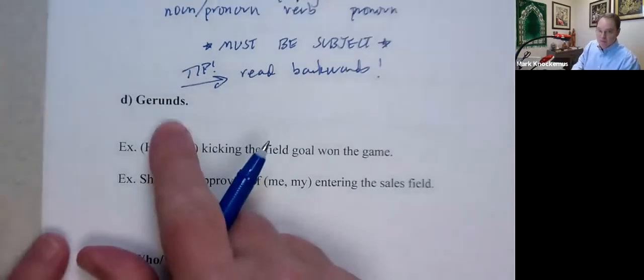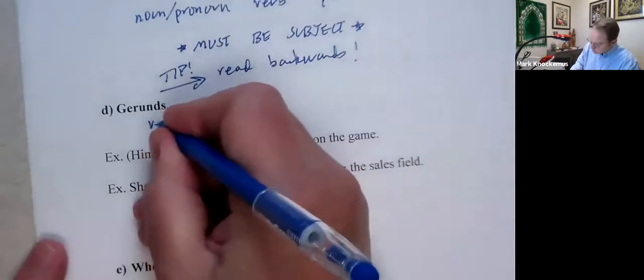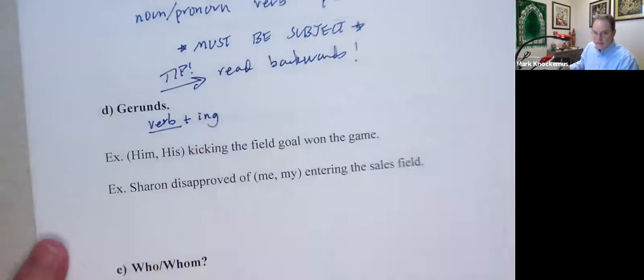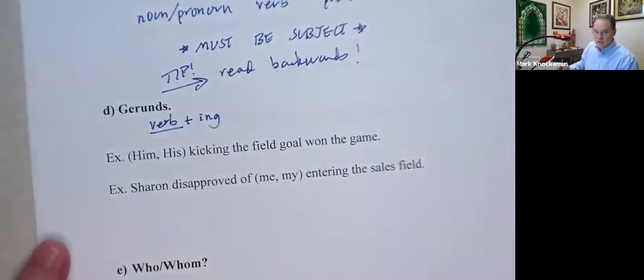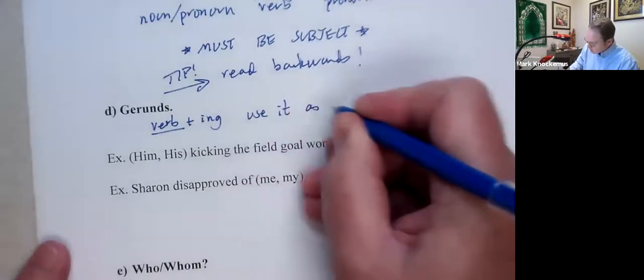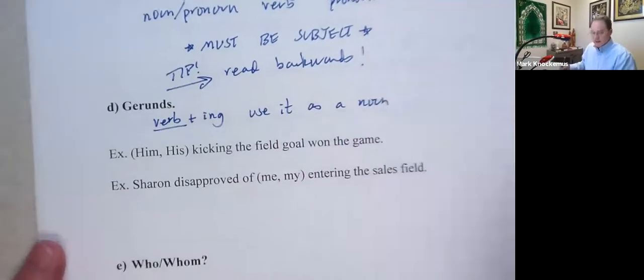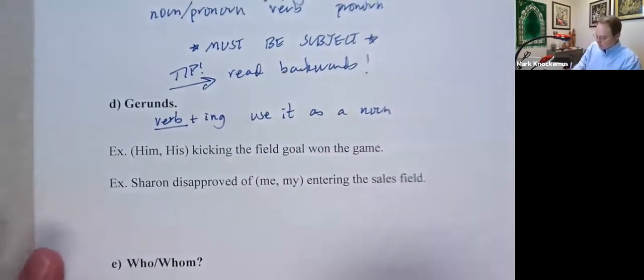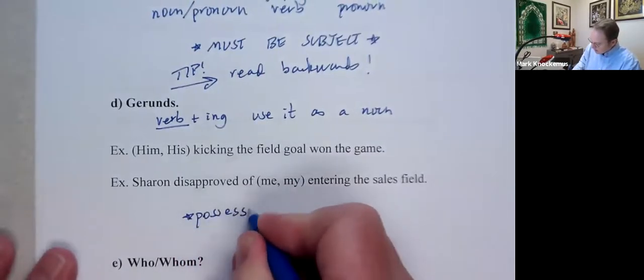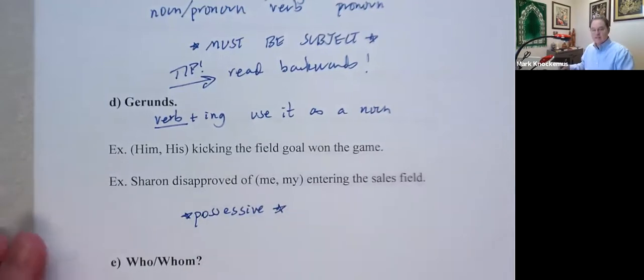Now, what happens with a gerund? This is when we take a verb, we add ing to the end of it, but we're going to use it as a noun. And when this happens, we have to take the possessive case pronoun.